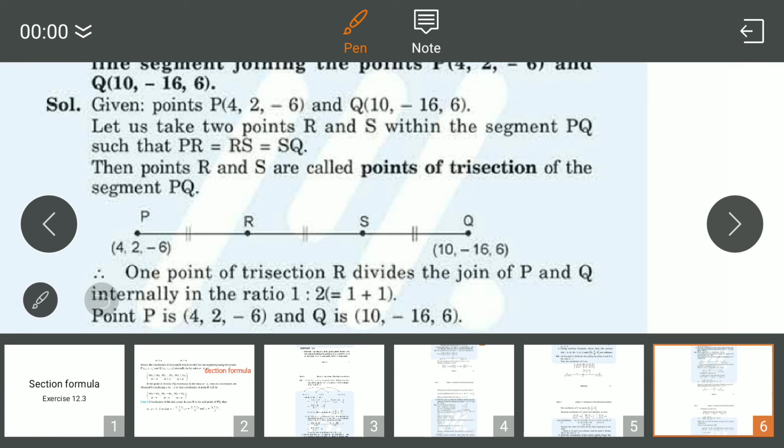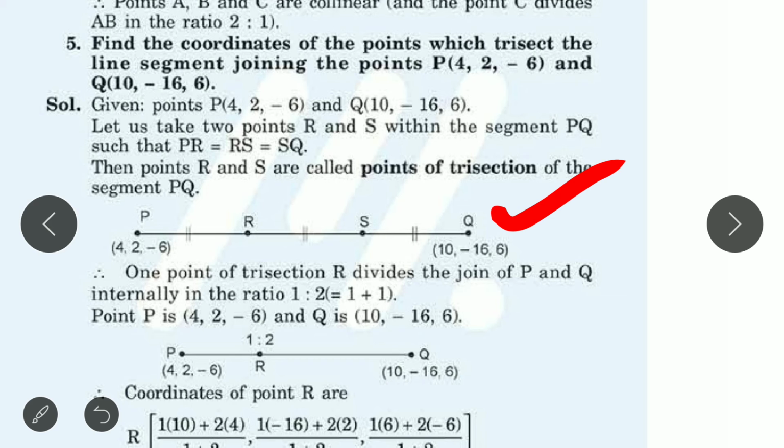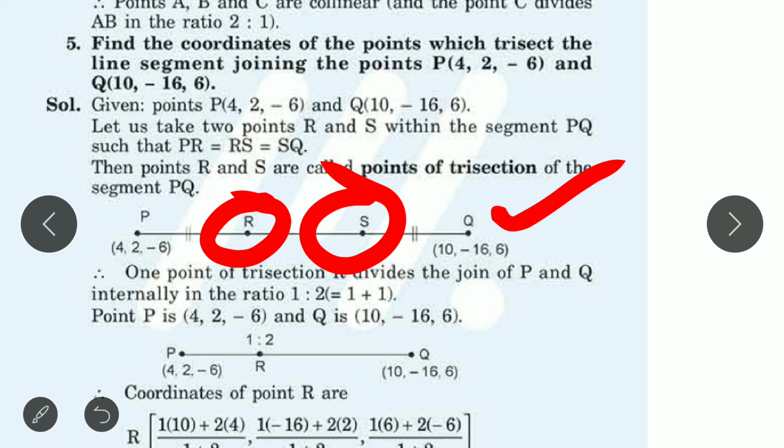First, let us go to the diagram. What is there in the diagram? Here, we have a line segment PQ where we have taken another 2 points R and S. So R and S are 2 points within the line segment PQ such that these points R and S divide the line segment PQ into 3 equal parts.